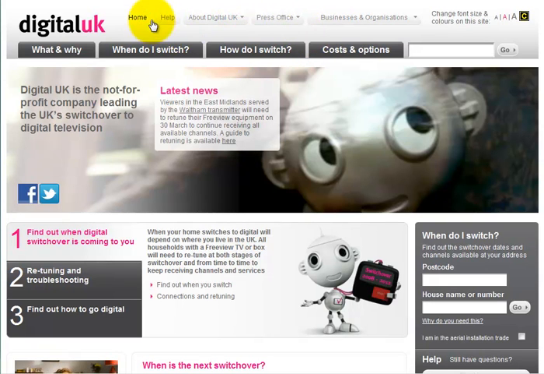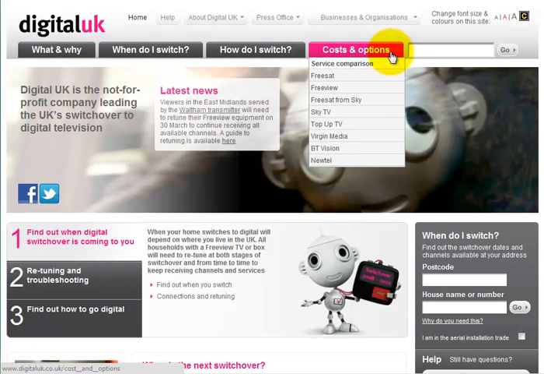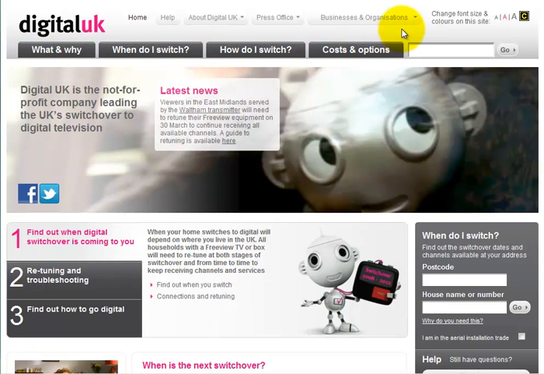So notice how they've separated navigation relating to them as a company from navigation relating to what the users actually need answered. That's quite a brave thing to do at a company level. I know that there's a lot of businesses out there who find it difficult to understand that their website should be for their users, not for them, and separating this navigation out is a really smart thing to do.